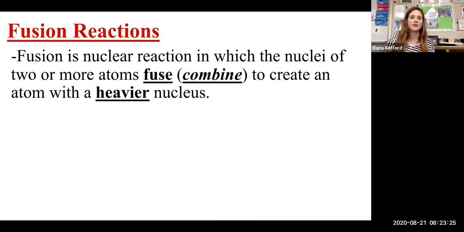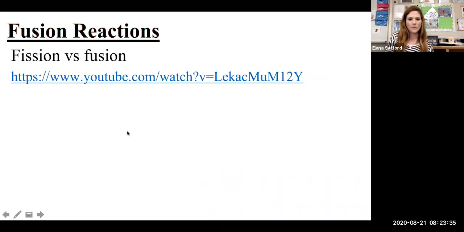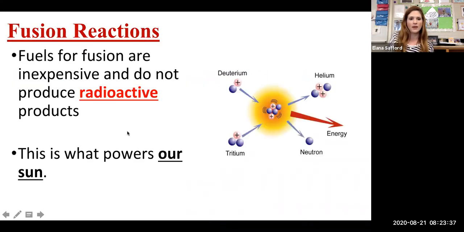Fusion is the nuclear reaction in which two or more atoms fuse together to create an atom that has a heavier nucleus. And these are what is behind the power in the sun. Not just the sun, but the stars in the sky are all the results of fusion reactions.